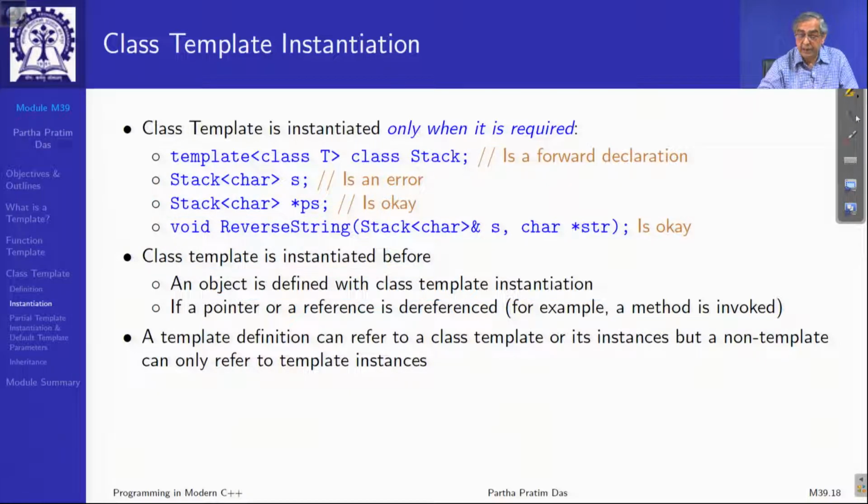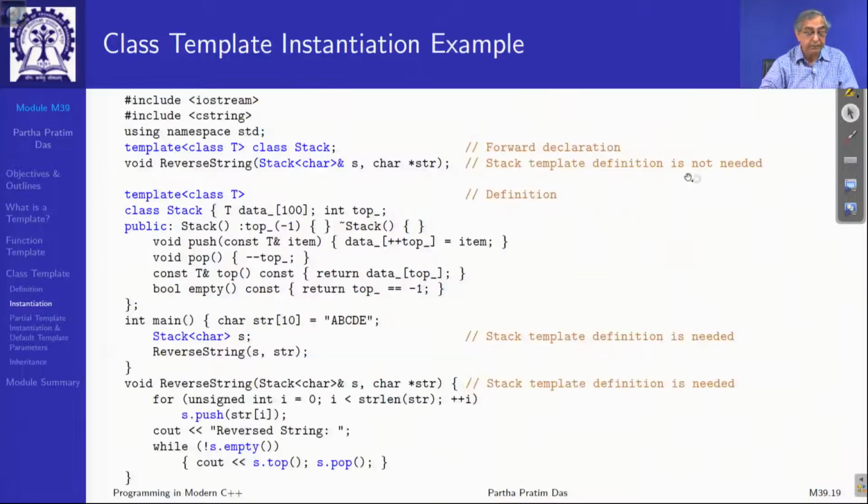So, this is the basic idea of class template instantiation, and we will use that in the example now. So, this is a forward declaration, and with that I am trying to use a stack of characters to reverse a string.